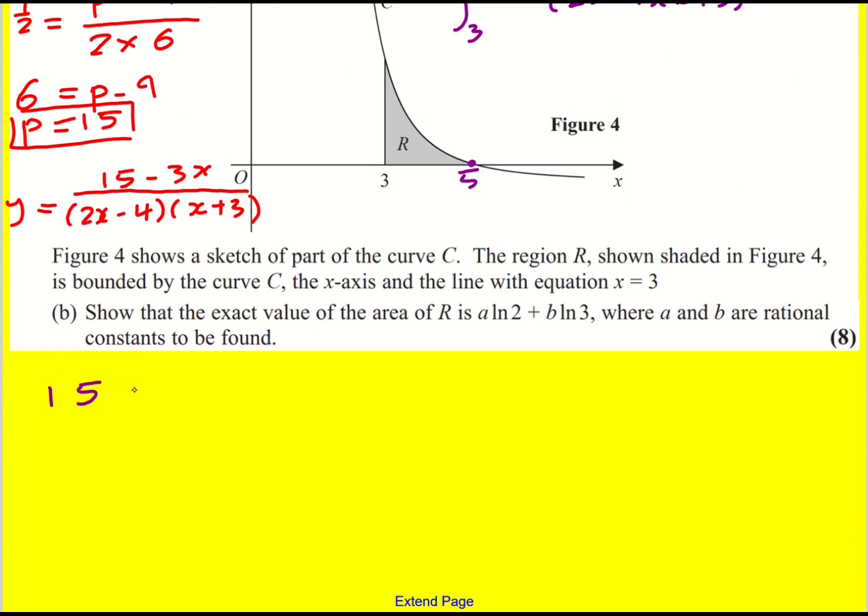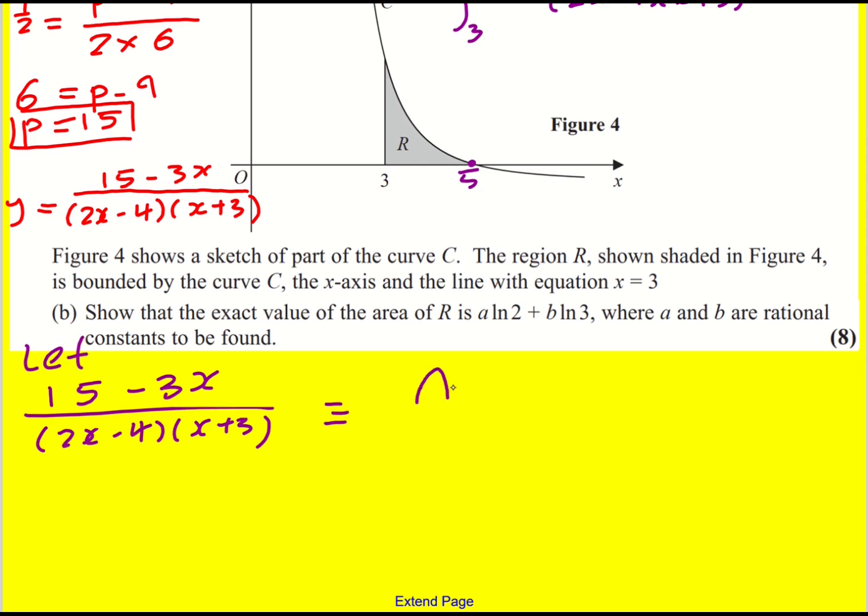So I'll do that over here. 15 minus 3x divided by 2x minus 4 times x plus 3. I'm going to let that be identical to a over 2x minus 4 plus b over x plus 3.